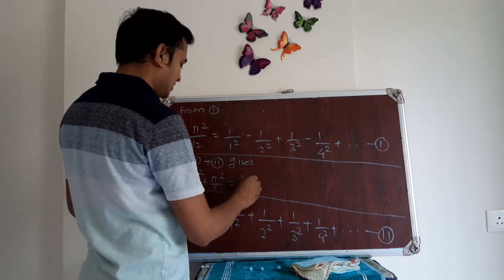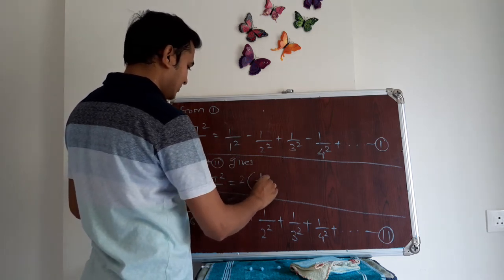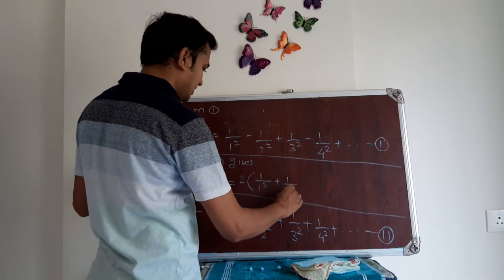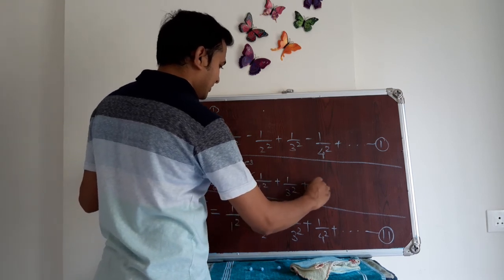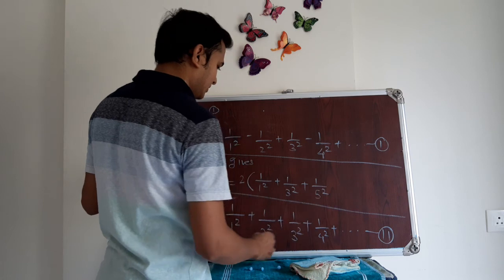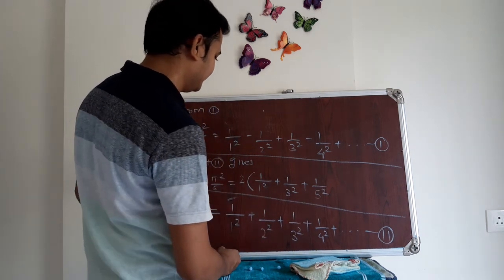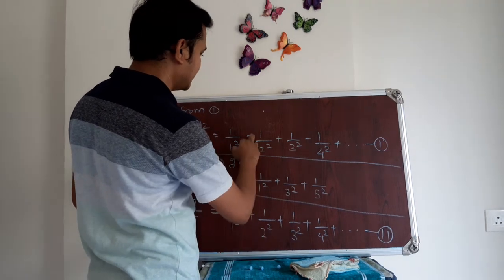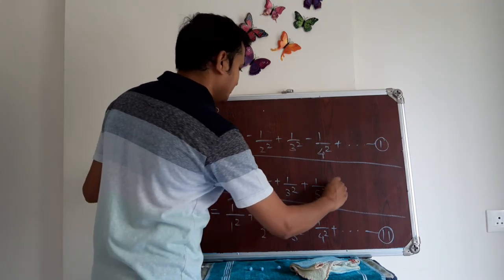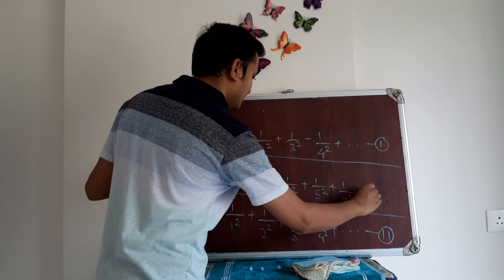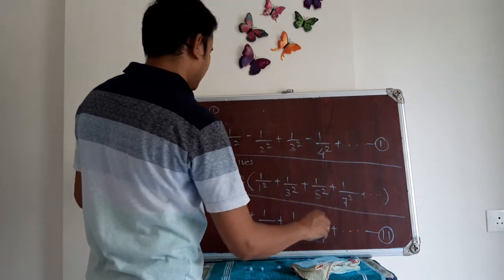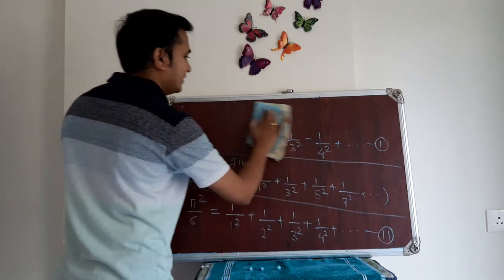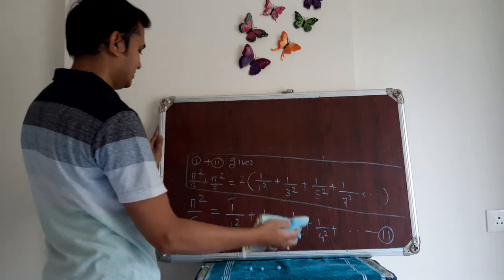This will have 2 times 1 by 1 square plus 1 by 3 square plus 1 by 5 square plus 1 by 7 square and so on. All even powers will get cancelled because of this minus sign.